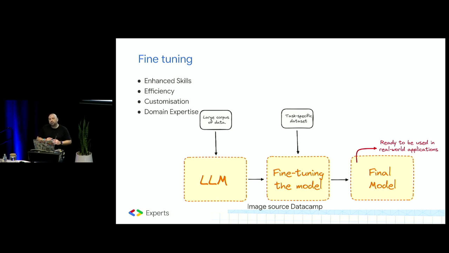Most large language models today have very good global performance, but fail in specific task-oriented problems. So fine-tuning enables the model to have better performance for specific tasks, making it more effective and versatile in real world applications.